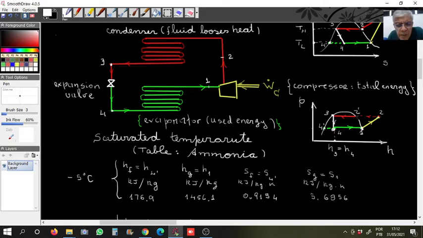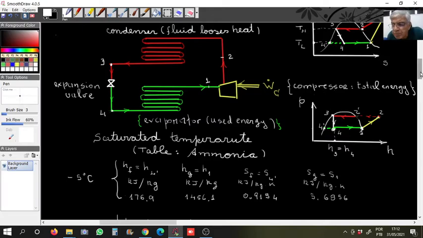This is from the evaporator over here. Because the environment has some heat which I would like to transfer to the fluid. That's why the fluid evaporates, because it gains heat from the environment. That's the purpose of the refrigerator cycle.